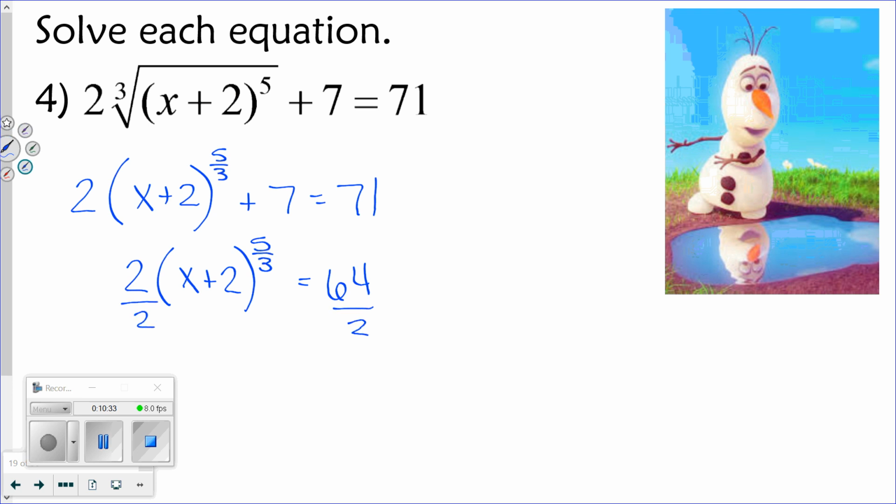So we divide by 2, which is going to give us 32. Then what? Reciprocal. So that would be 3/5. Okay, so I can see that 5's cancel, the 3's cancel, so I have just x plus 2.